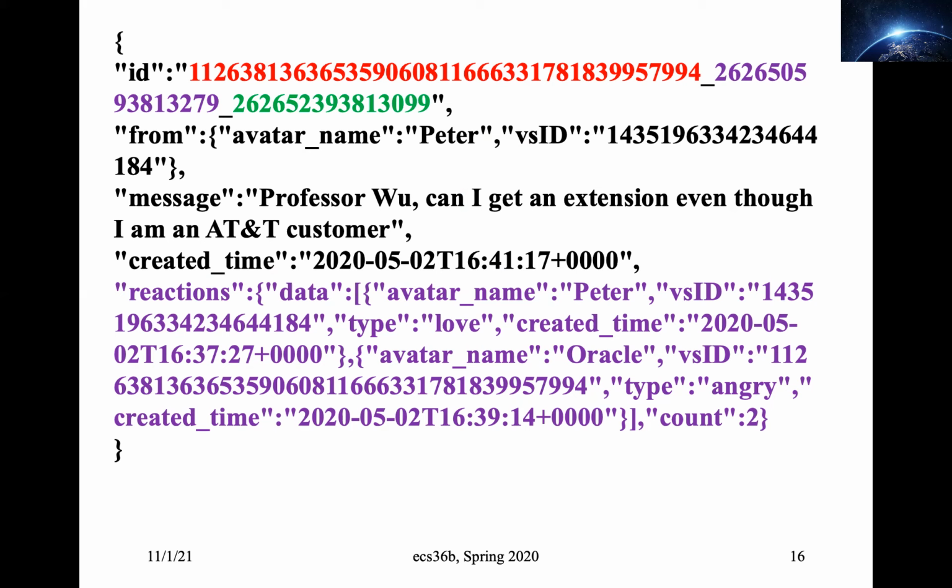If that's only relevant to my application, I can put that JSON string with these 2 things into a C++ object that has those 2 attributes set by those 2 values. One is the avatar name, that's Peter, and the other is the VSID string.